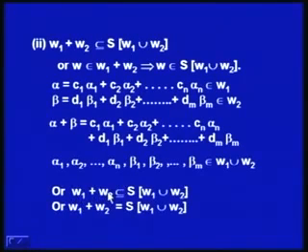So the sum of these two is alpha plus beta. Now what is this? This is a linear combination of vectors of W1 union W2. So definitely this must be in the span of W1 union W2. So W1 plus W2 is a subset of span of W1 union W2, or combining the two things, what we can say is that W1 plus W2 is equal to span of W1 union W2.